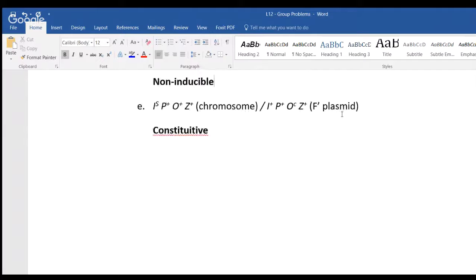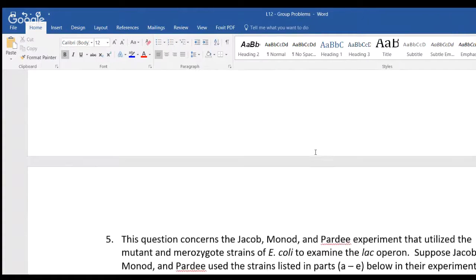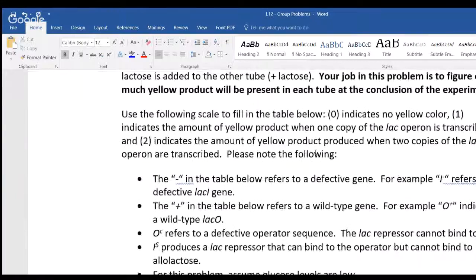Part E, it's constitutive because even though there's an I^S on the chromosome, there's a functioning one on the F plasmid. And even though there's a non-functioning operator on the F plasmid, there's a functioning one on the other. So they kind of just help each other out, and they're always transcribing.